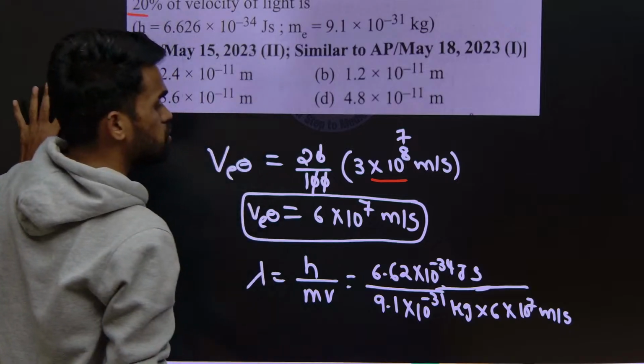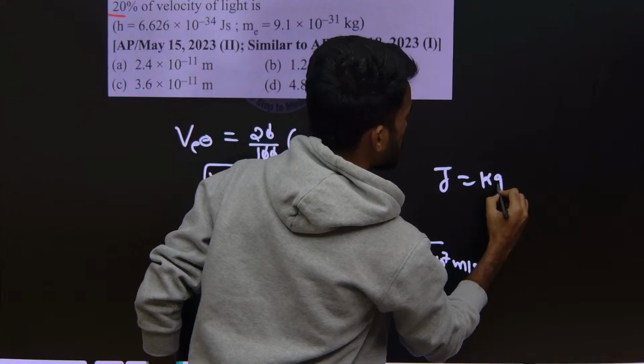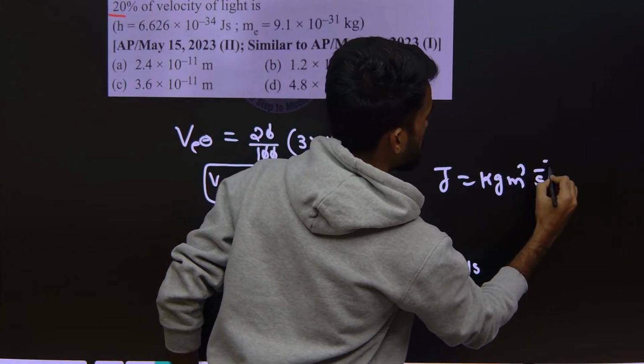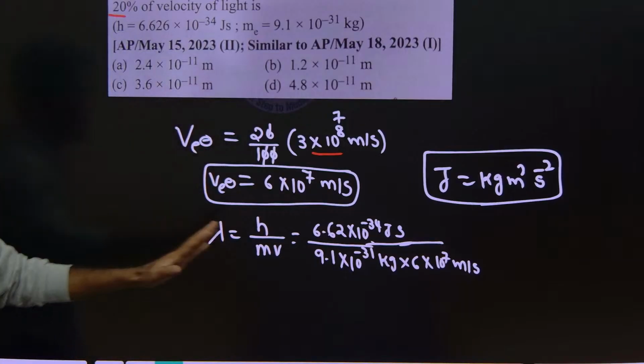Okay, look at this, you can write this joule as kg meter square second inverse square, or per second square you can say. Okay, this is what you can write.